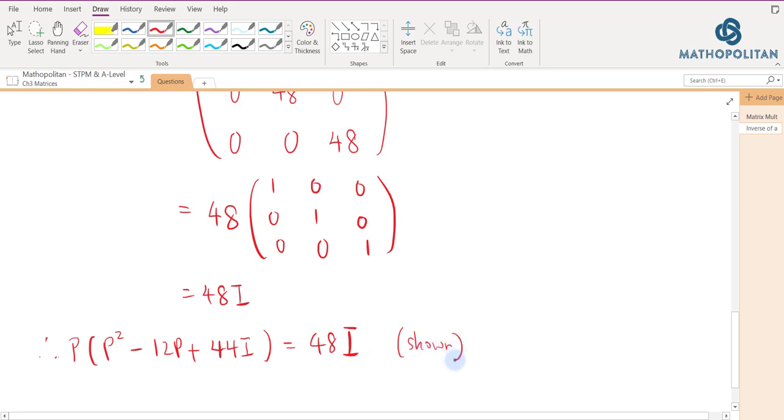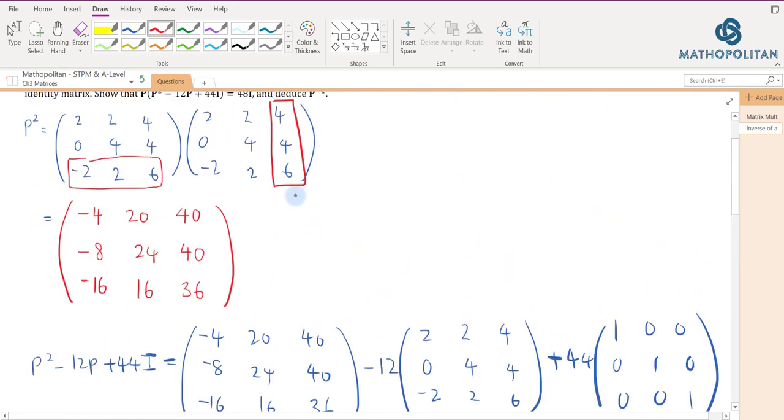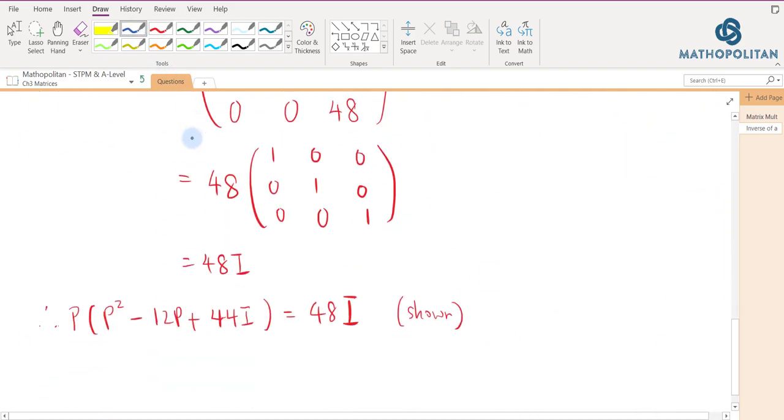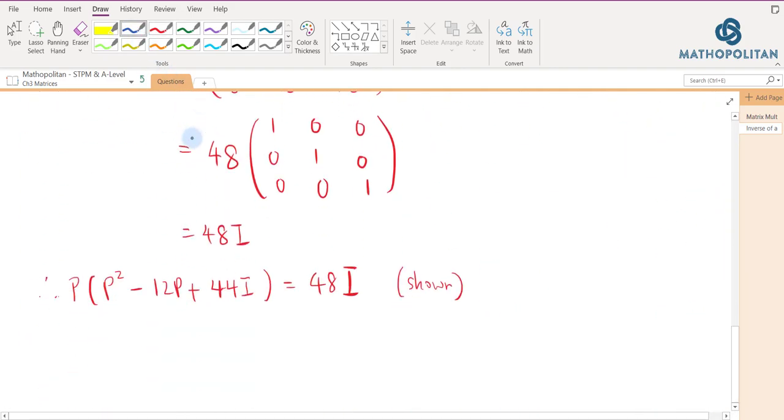Right, and the last part of the question is to deduce the inverse of matrix P using this equation. So what we need to do now is recognize that if I multiply P by another matrix and I get 48I, and we know that if you multiply a matrix by its inverse, we should get a single unit I, but here we have 48I.